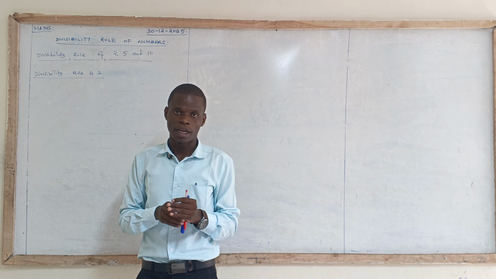Yes. So you say that the last digit is 8. Therefore, 478 is divisible by 2.